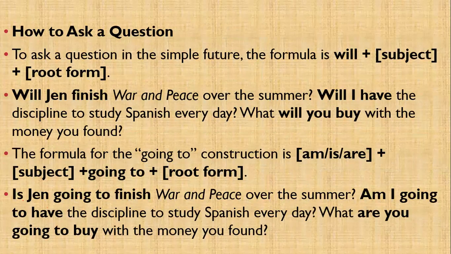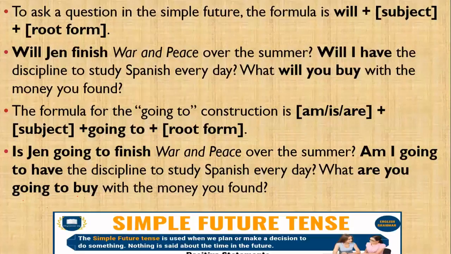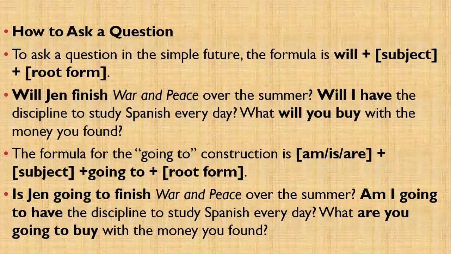Let's see how to make a question. To ask a question in the simple future, the formula is will plus subject plus root form. For example, will Jen finish War and Peace over the summer? That is a question. If you see, will goes to the first position in the sentence.